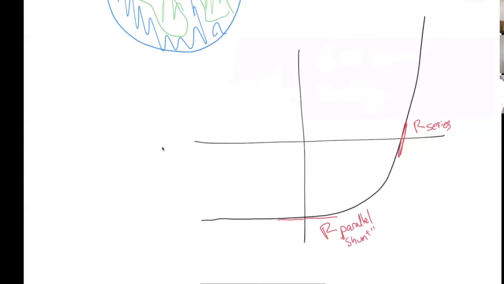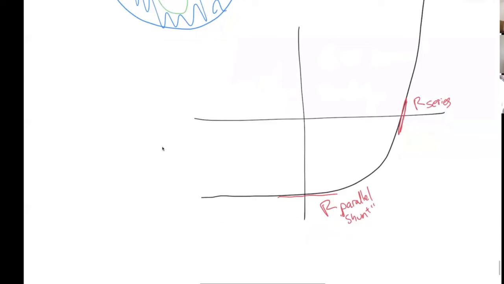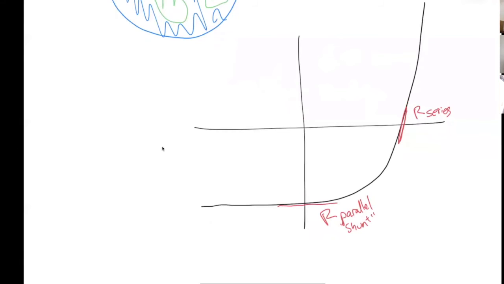And a shunt is a little bit like a short circuit, but not quite a short circuit. And the way that these are measured, so ideally, you want the series resistance to be as low as possible, and you want the shunt resistance to be as high as possible.